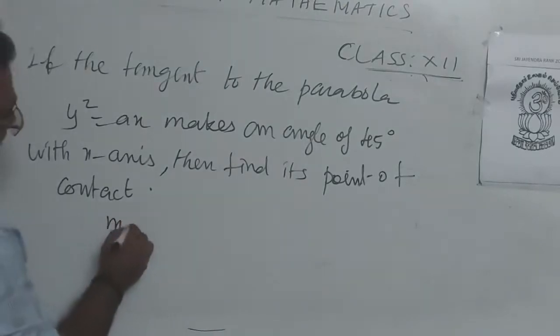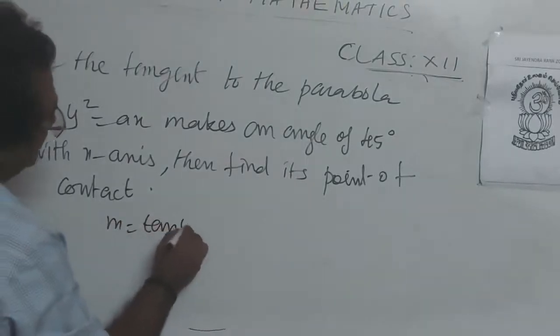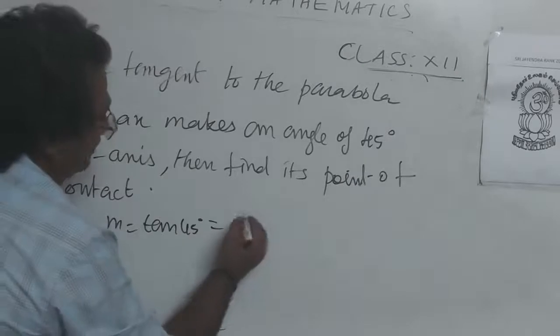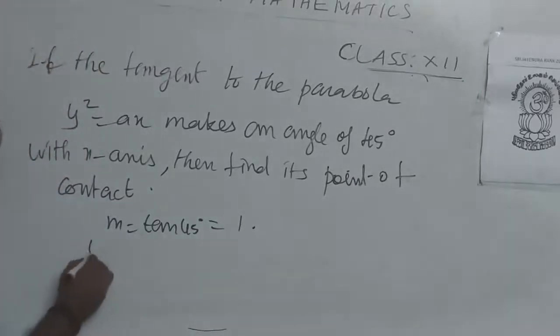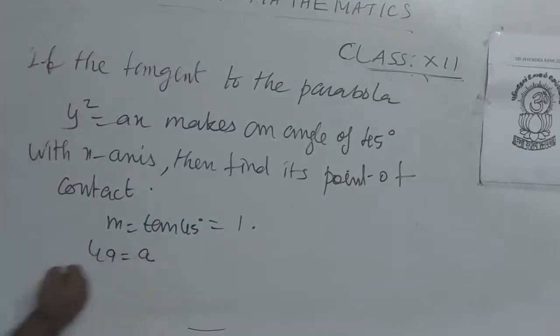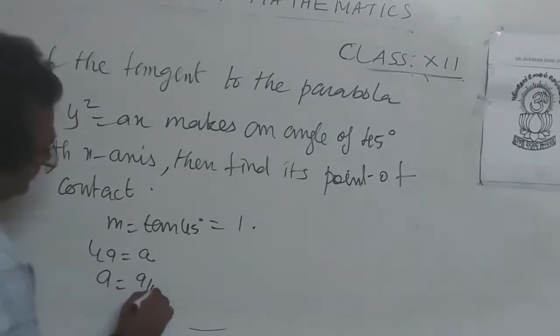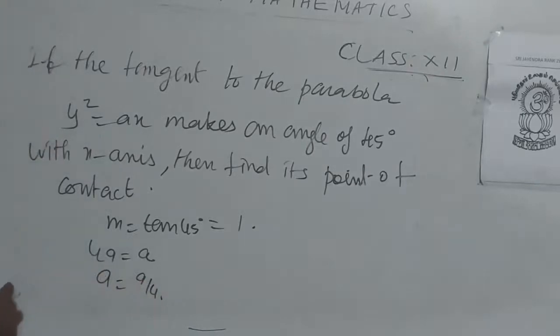Here m equal to tan 45 equal to 1. 4a equal to a, so a takes the value a by 4.